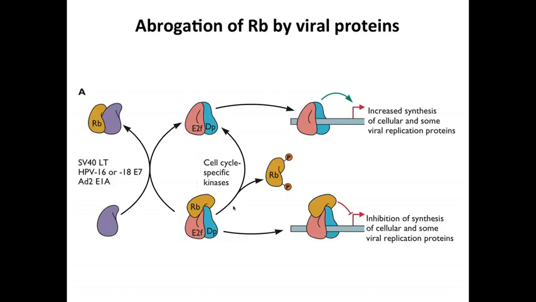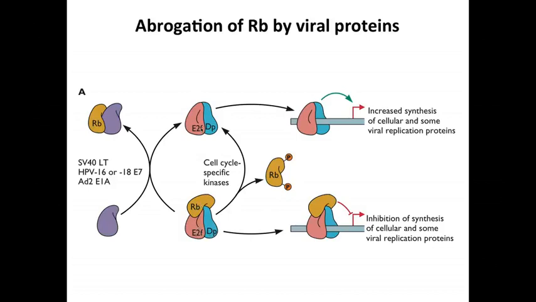And during a very specific part of the cell cycle, the retinoblastoma protein may be phosphorylated, which dissociates the RB protein from a protein complex made up of these two proteins, E2F and DP.